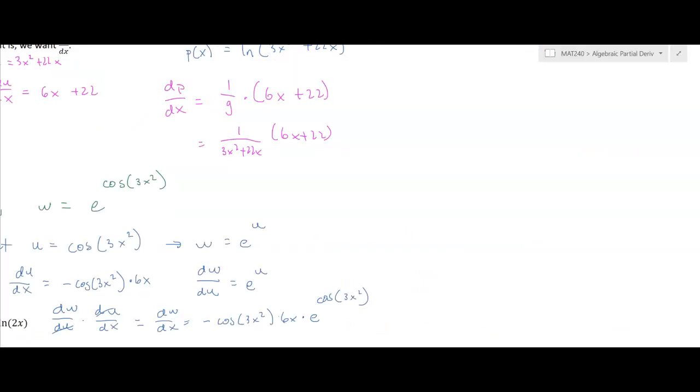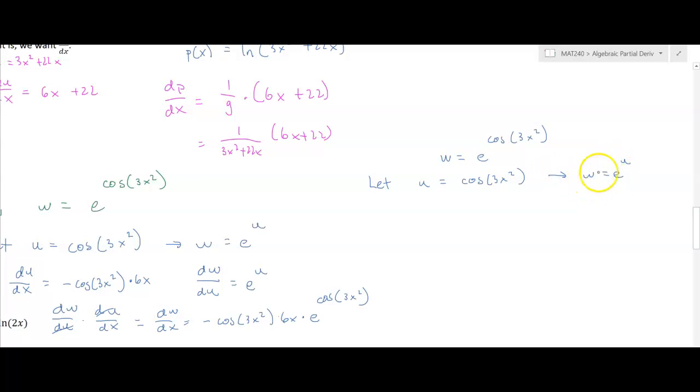And as just a little aside, I mentioned we could use two iterations of the chain rule. We said we had w equals e to the cosine of 3x squared, and we saw that if we let u equal cosine of 3x squared, that would allow w to be equal to e to the u.